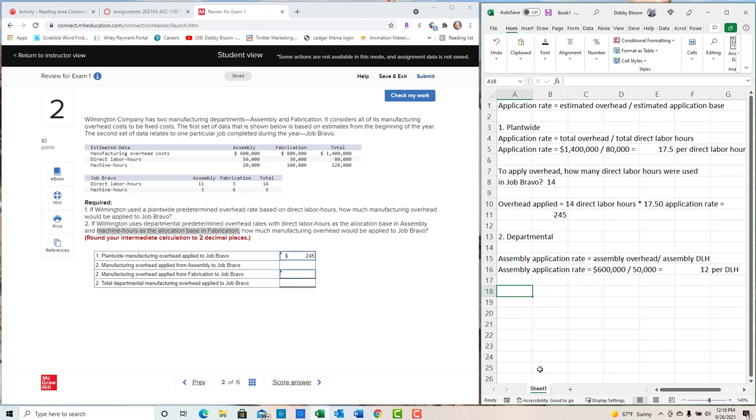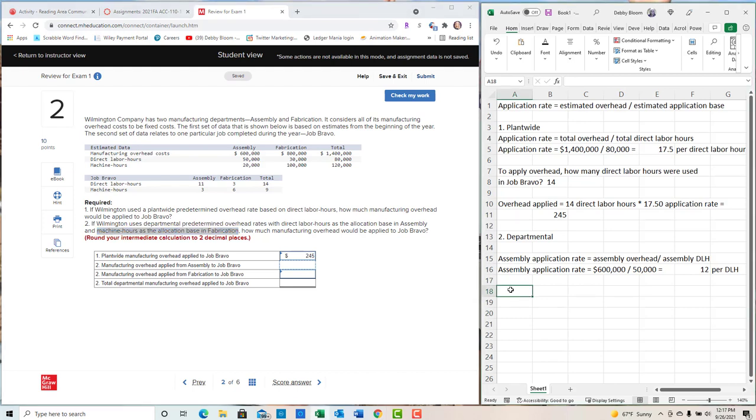Now we have to calculate our fabrication application rate. We're going to do exactly the same thing, but now we're going to concentrate on the fabrication column. But for fabrication, we're going to use machine hours. Since machine hours is the base in fabrication, we'll take 800,000 and divide by the machine hours of 100,000.